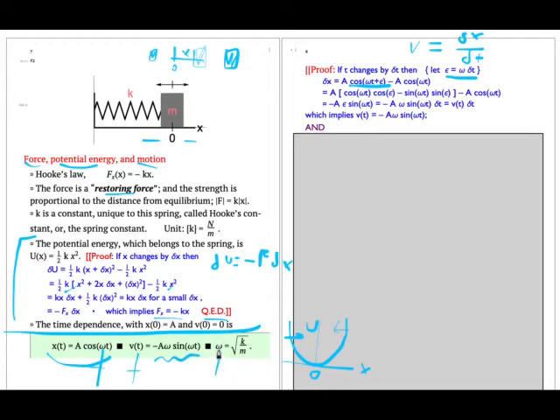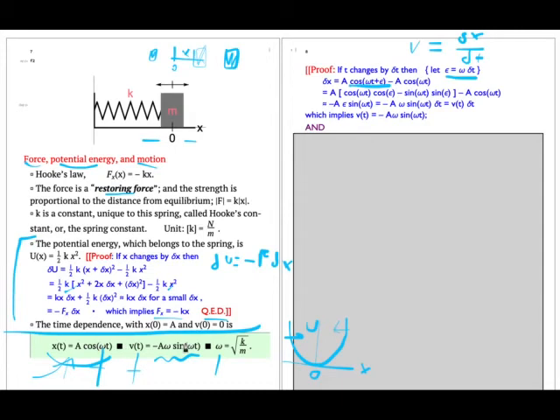So this equation for the velocity is just obtained as a consequence of this equation for the position. If the position oscillates as a cosine, then the velocity oscillates as a sine, or actually the negative of the sine. All right, so these two equations are consistent.